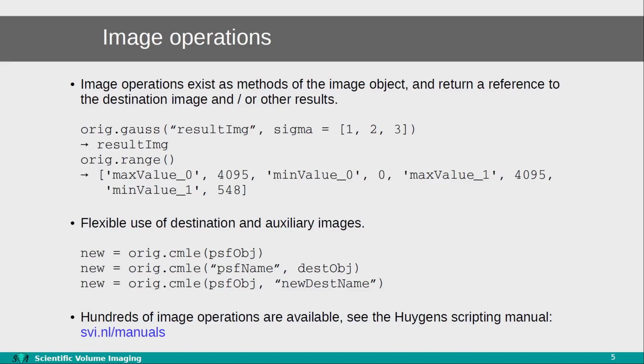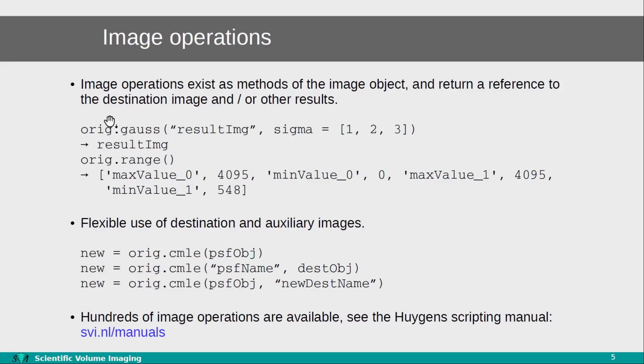So now that we know how to create and destroy images, let's look at image operations. So image operations appear as methods to the image class. So once you have assigned an image to a variable, you can perform image operations by simply taking that variable and then doing dot and then the operation name.